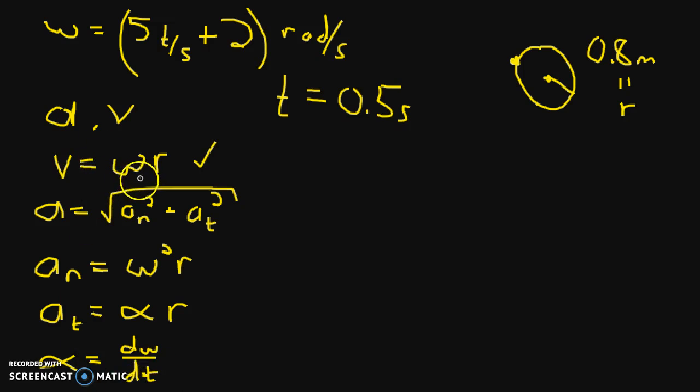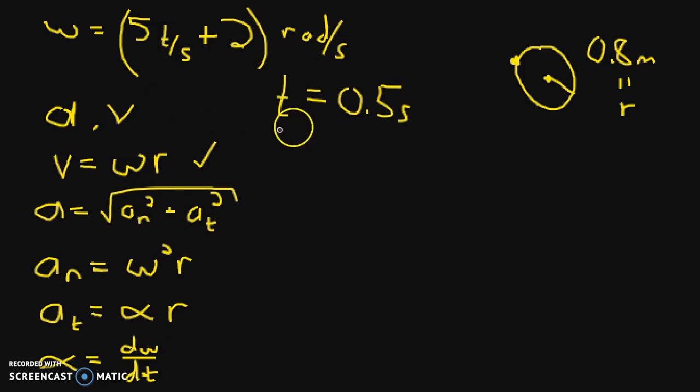So v equals omega r. The acceleration is equal to the square root of the components. Normal acceleration is equal to omega squared r. Tangential acceleration is alpha r. And alpha is d omega dt. If we then go through, the next questions that tend to be asked are, what are the variables, and what do things stand for?